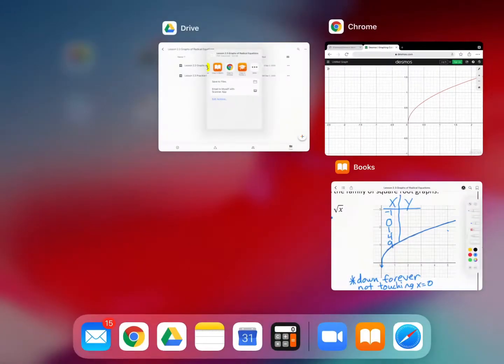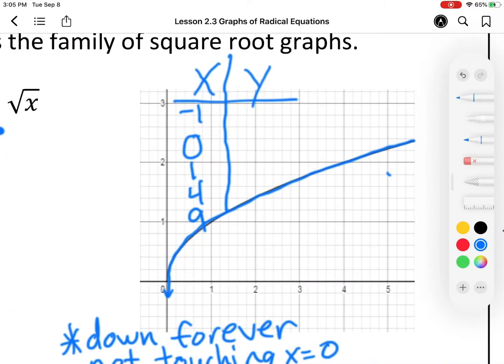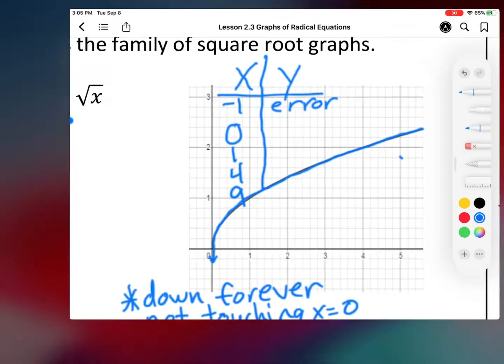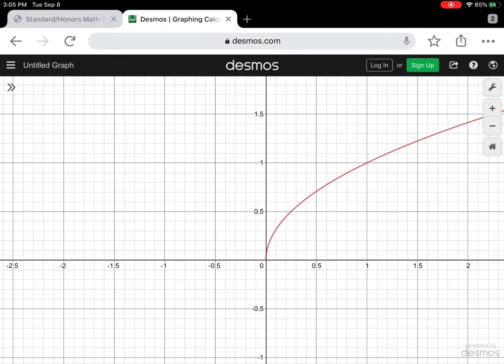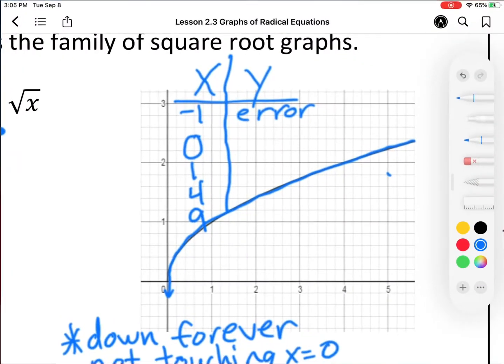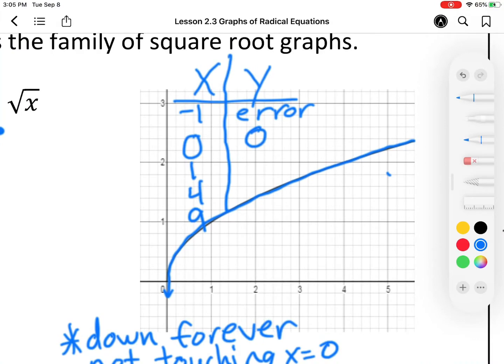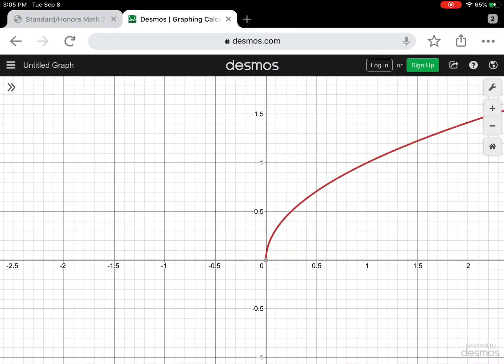So on our paper or in our notes, we're going to write error. Where x is 0, y is 0. Where x is 1, y is 1.